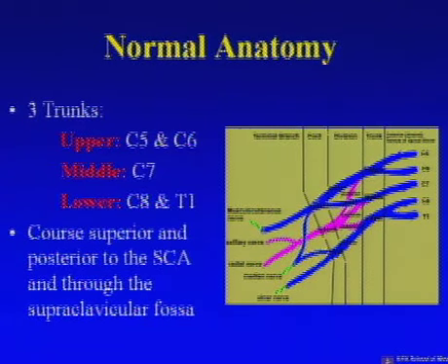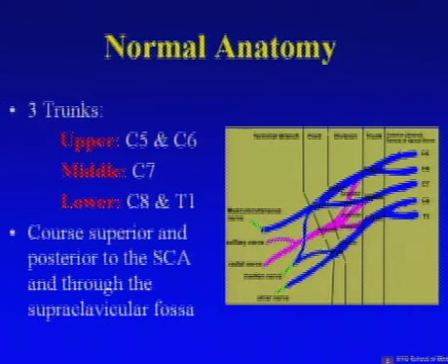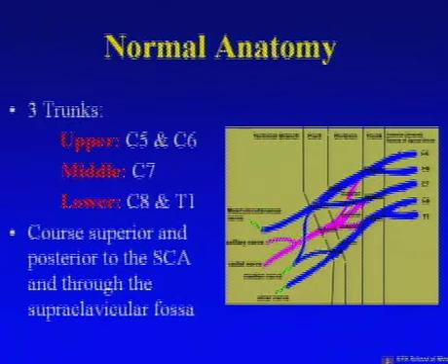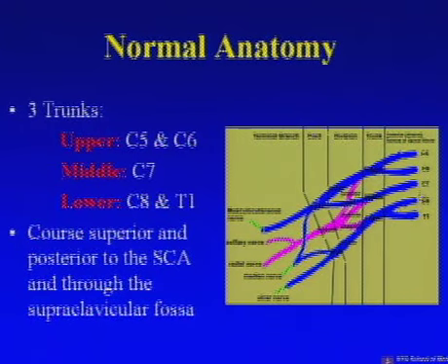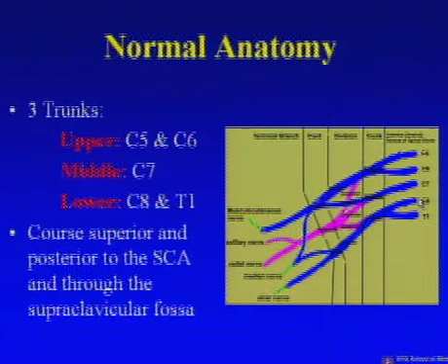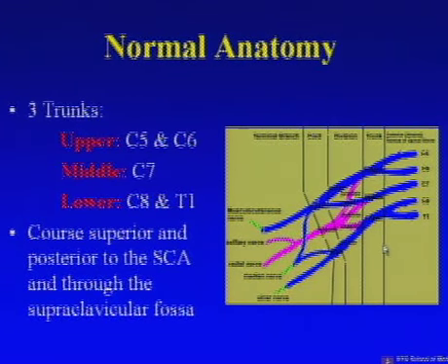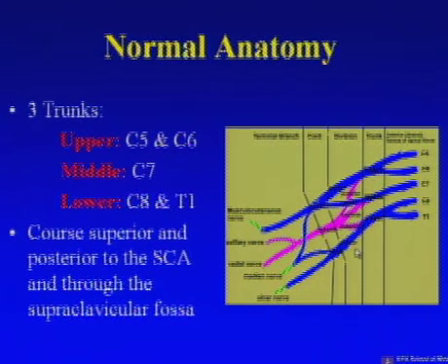So you have three trunks, and you get the upper trunk, which is the formation from the C5 and C6 spinal nerves. The middle trunk is the continuation of the C7 nerve root. And the lower trunk is formed from the C8 and T1 nerve roots. And these trunks then course superior and posterior to the subclavian artery and through the supraclavicular fossa.